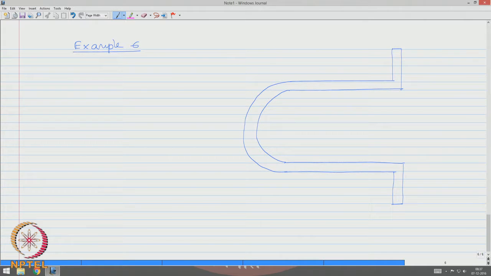So, I have a section like this. The dimensions of the sections are, let us say this is T, and from this point this distance is B to the center, and this of course remains the axis of symmetry of the section.